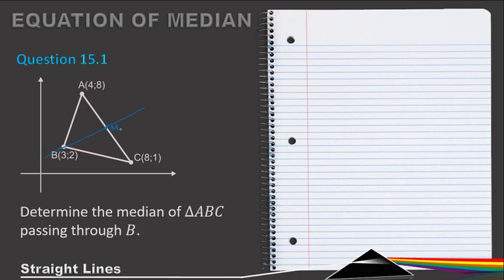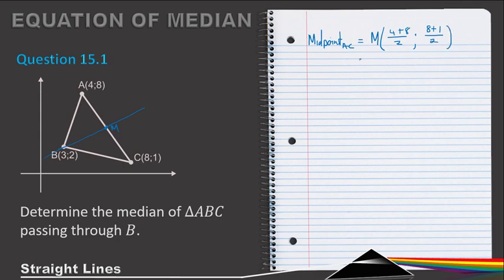So let's first start off by finding m, the midpoint. So the midpoint of AC is equal to m, where we take the x values, add them together and divide by 2. So that's 4 plus 8 divided by 2, and my y values, add them together and divide by 2. So that's 8 plus 1 over 2.